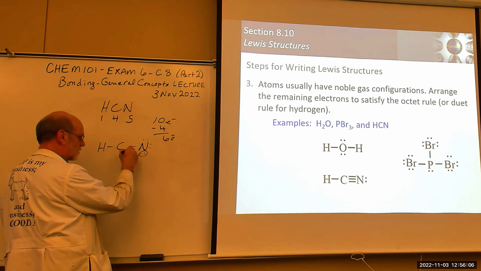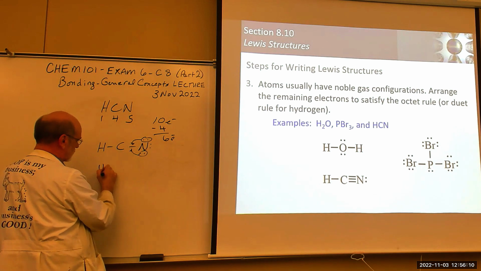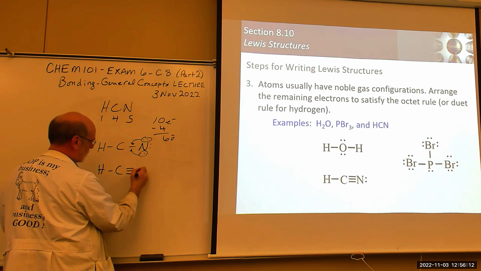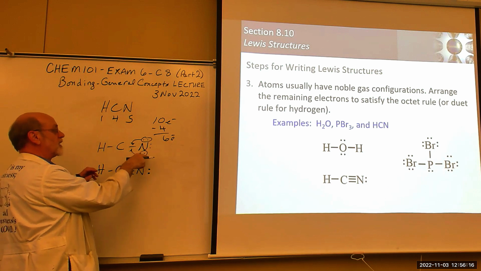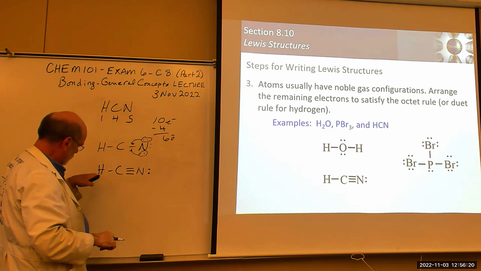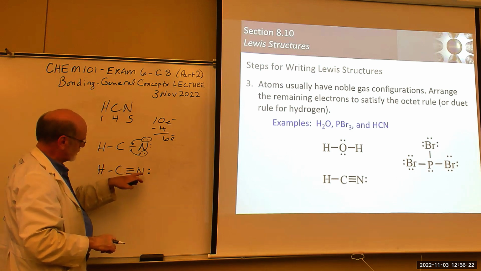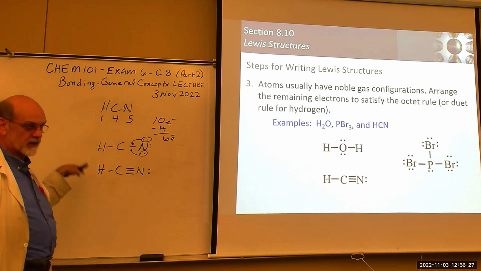Those 2 over here like that, and make a triple bond. Now this lone pair stays there, and these 2 became bonding pairs. So now we have 2, 4, 6, 8, 2, 4, 6, 8. Now we've got an octet around each one.